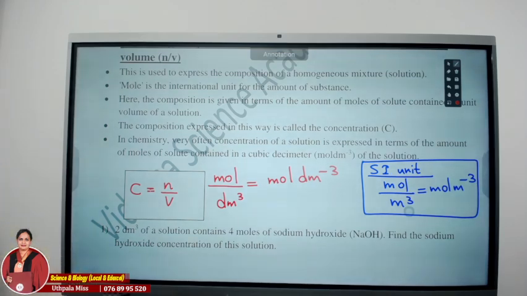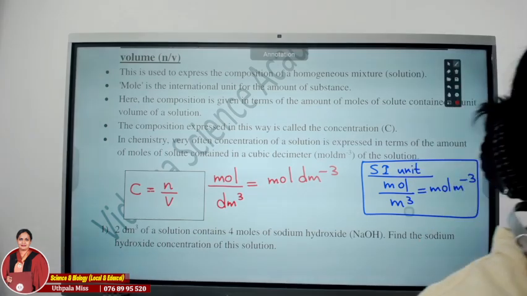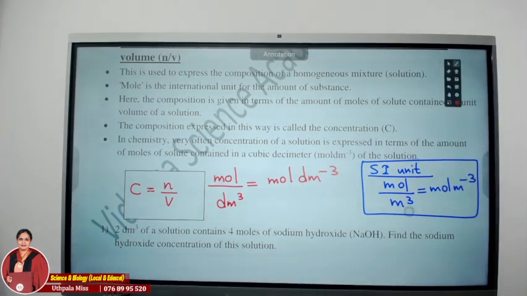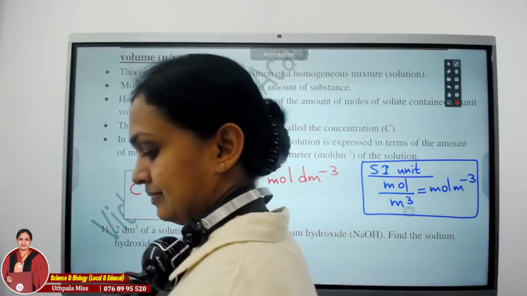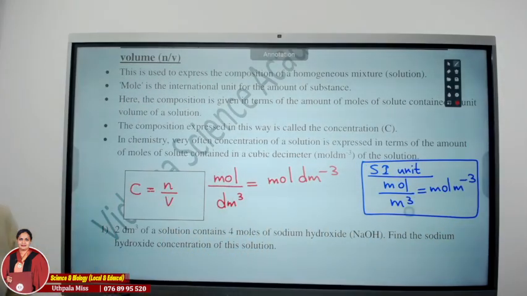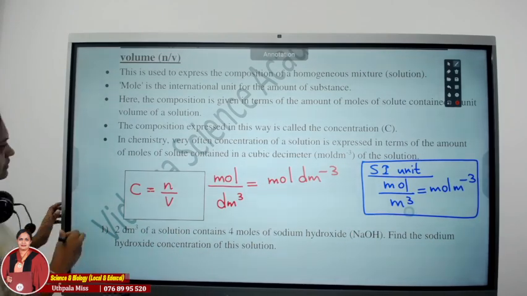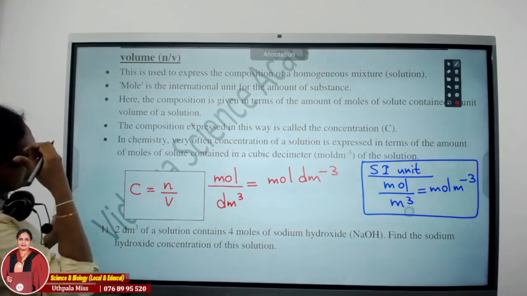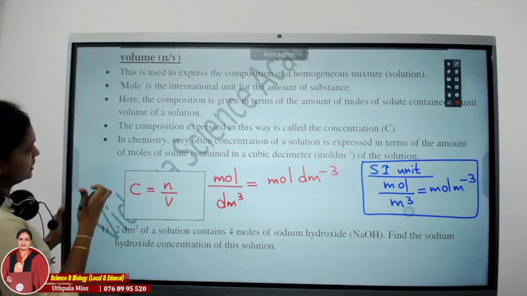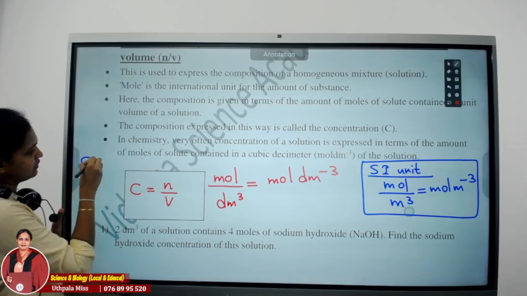So you can write this even in words. Concentration equals number of moles divided by the volume. Hari, you can write it down. So it's easy.